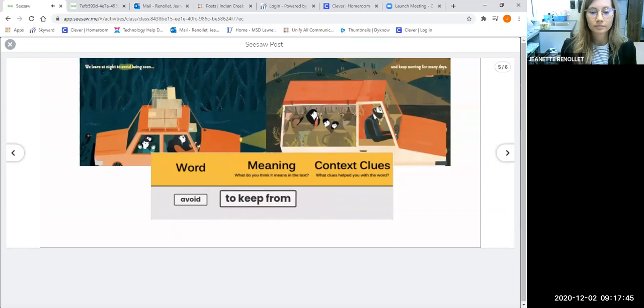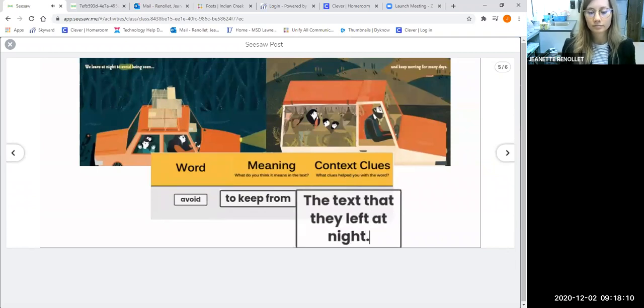And the clues that gave it away were the pictures. They wanted to keep from being seen. But what really gave it away was that they were leaving at night. That went really well with the pictures. So I could say the text said that they left at night.